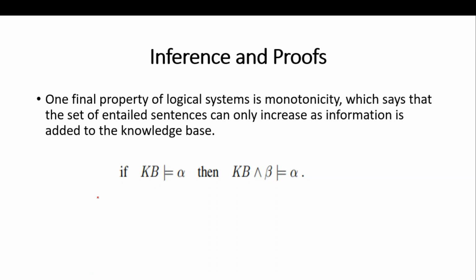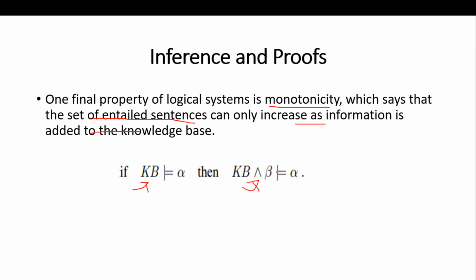And there is one more property of logical systems, which is called monotonicity. What is monotonicity? This property says that the set of entailed sentences can only increase as information is added to the knowledge base. It will never decrease. For example, if KB entails alpha, then KB and beta will also entail alpha.